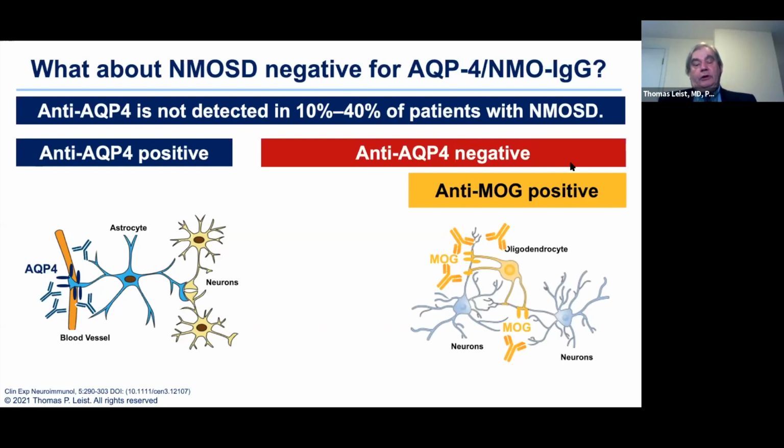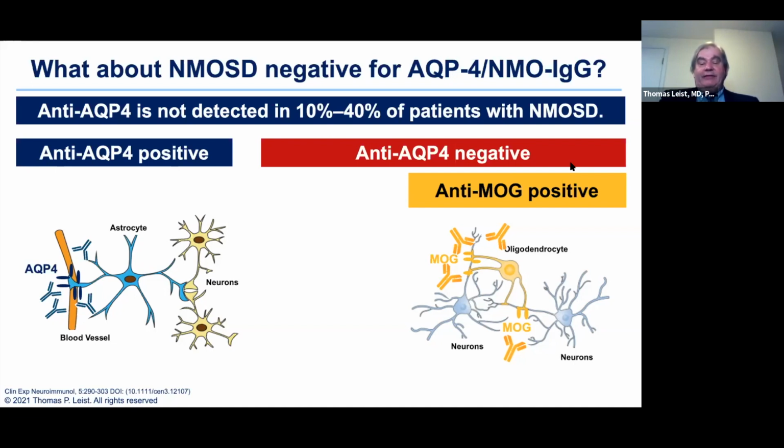And I'm sure that tonight we have some individuals on the call that have been diagnosed with anti-MOG disease. And so now you see that sometimes when we discover something, the world doesn't become much simpler. It actually opens yet another door to recognize an additional condition.